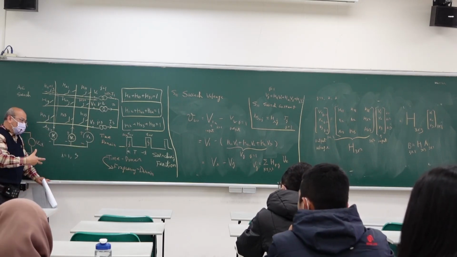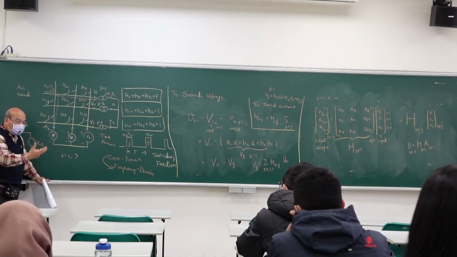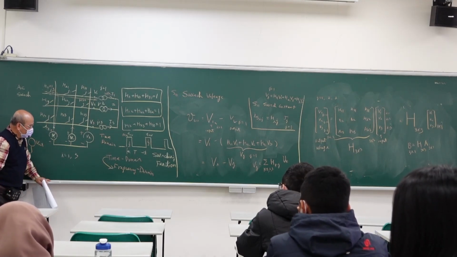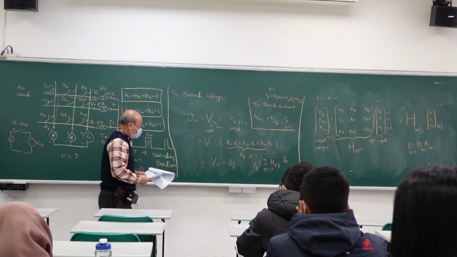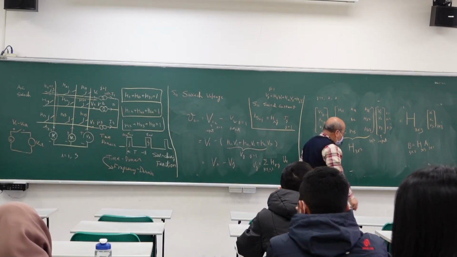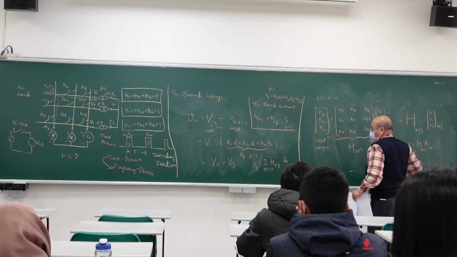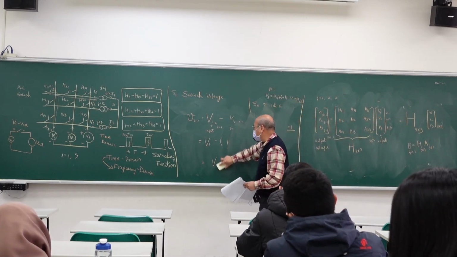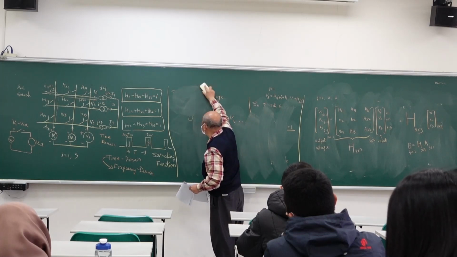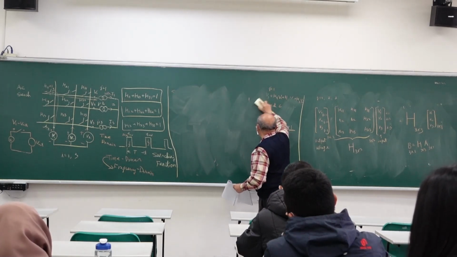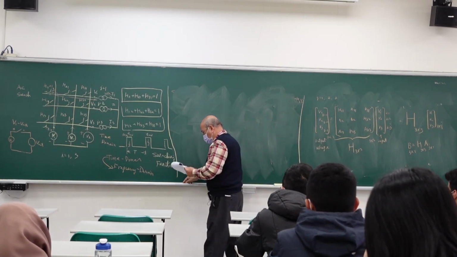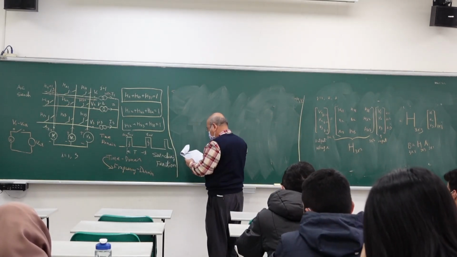Can we change the switching function to reduce the current harmonics? So we need to learn the frequency domain. So how can we learn the frequency domain from the switching function? If you have a switching function, how do you know its frequency domain? Then we have to use Fourier series.